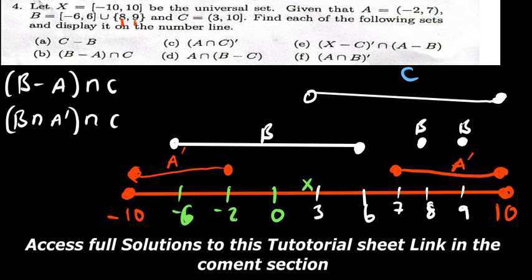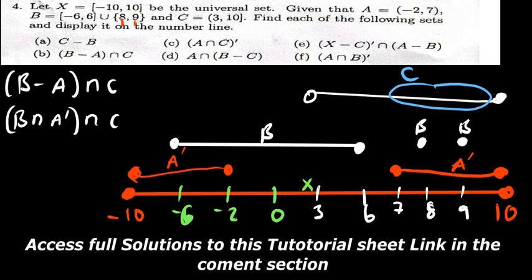So I can clearly see that at this point here, I only have two things. This point I only have A complement and B, so I'm not interested in that. Or this point, then this point I don't have A complement. Okay, but the part where all the three are meeting, it is this part. There is this line for C, this line for B, and this line for A complement.